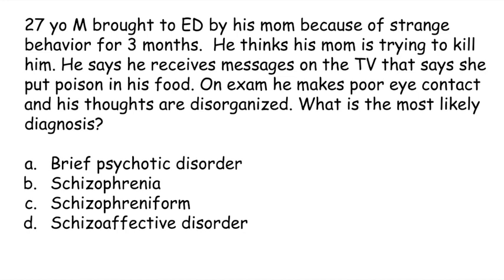On exam, he makes poor eye contact, and his thoughts are disorganized. What is the most likely diagnosis? A, brief psychotic disorder, B, schizophrenia, C, schizophreniform, or D, schizoaffective disorder. Pause the video here to choose the answer on your own.